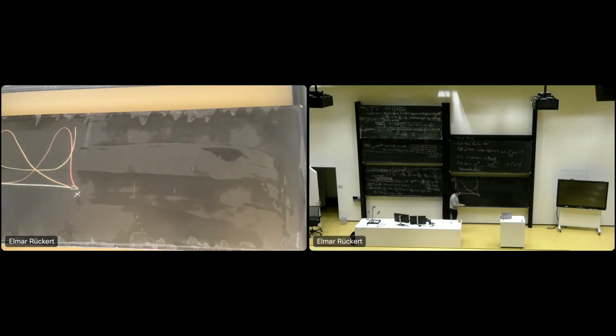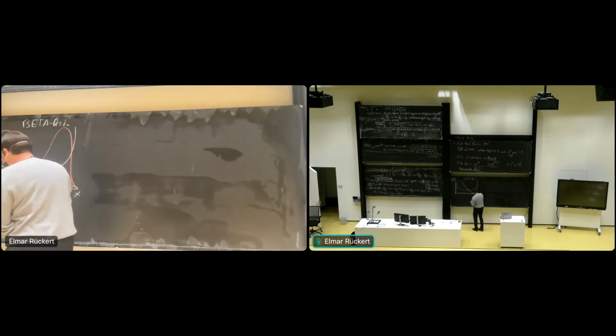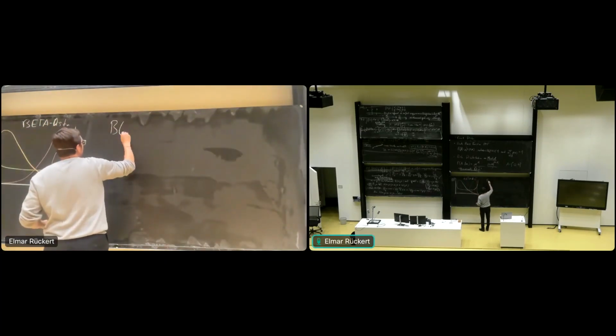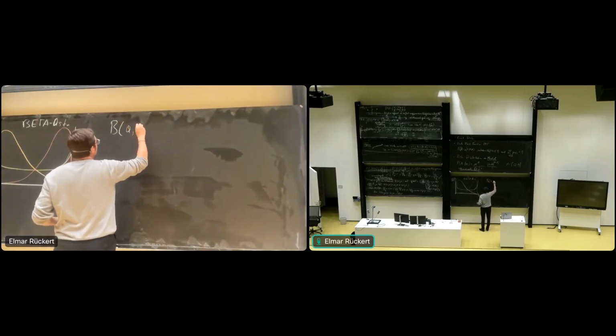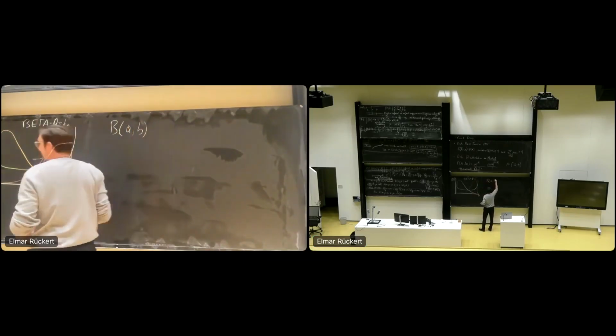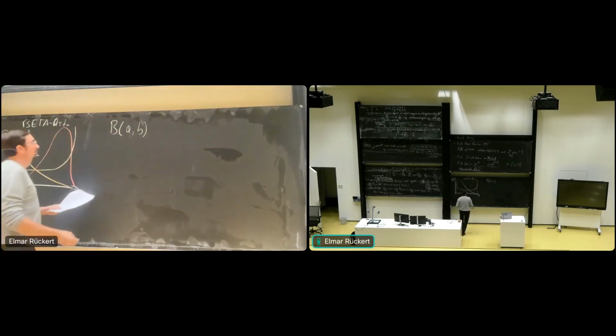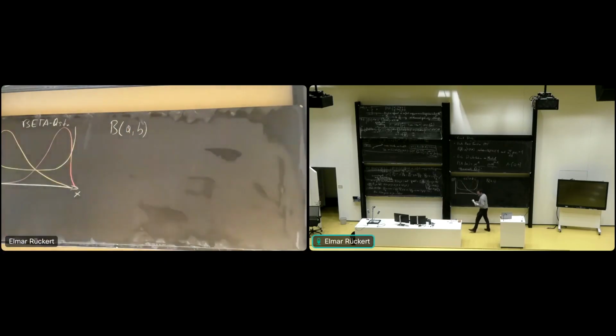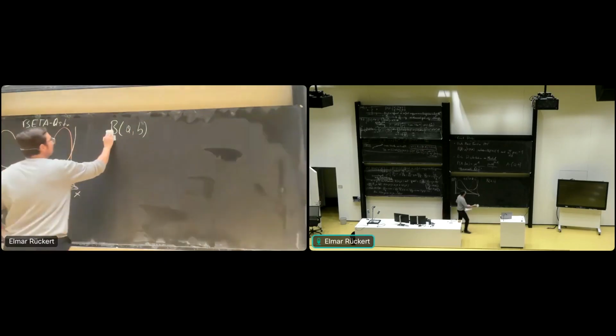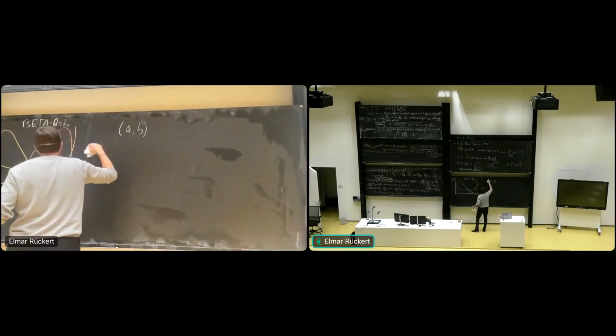This is the beta distribution. And let me put it right. The beta distribution has two parameters. Did I use B or beta? Let me think. I use beta because B is the beta function. Okay. The script, let's follow the notation of the script.